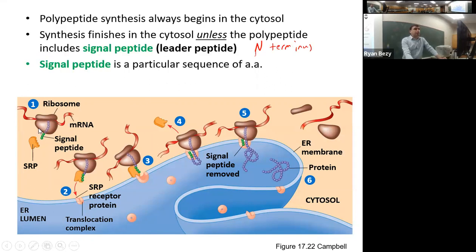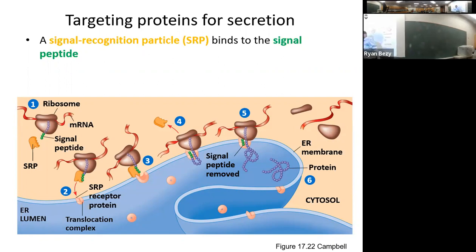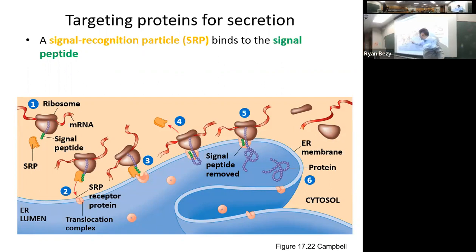If this is present, it is bound by a protein called signal recognition particle, or SRP. If it's activated, it causes my ribosome, instead of being a free ribosome, to go to the rough endoplasmic reticulum and become a bound ribosome.